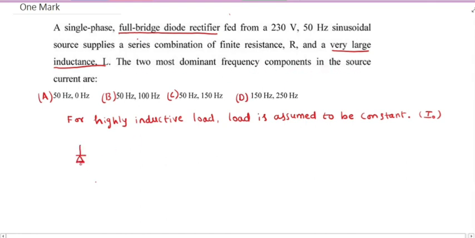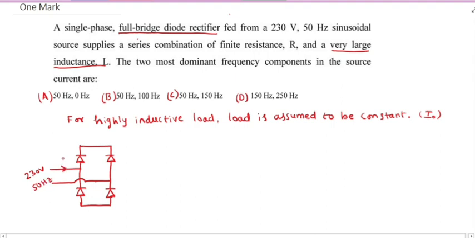First let me draw that. This is the diode bridge. Now this is the source, which is AC. How much is it? It is 230 volts 50 Hz.